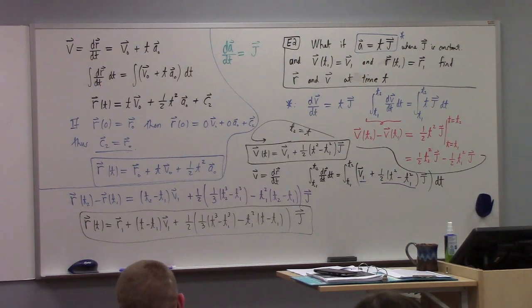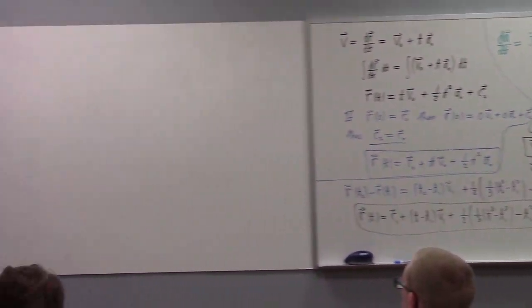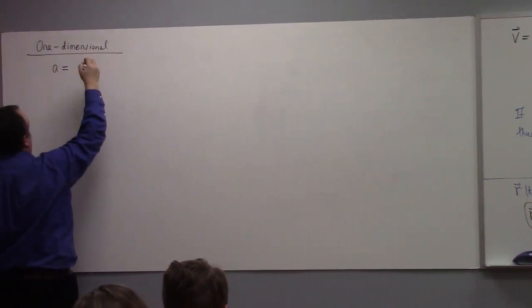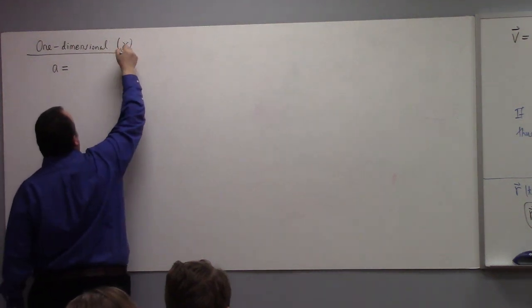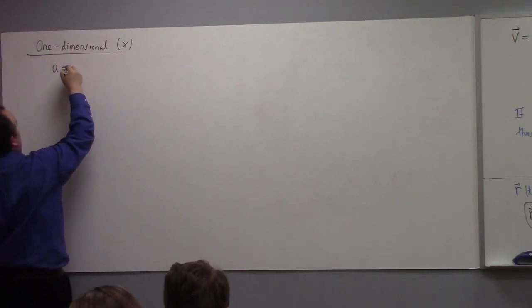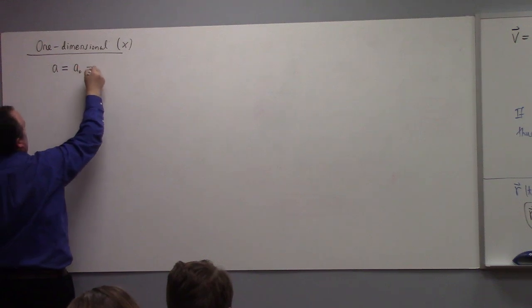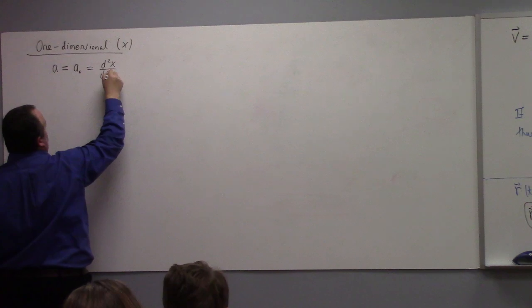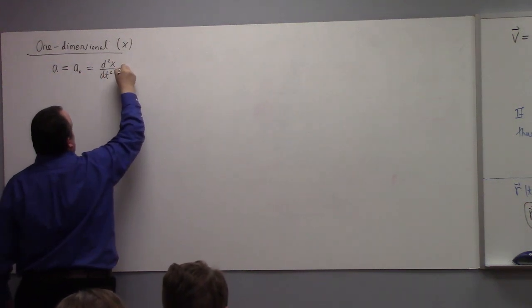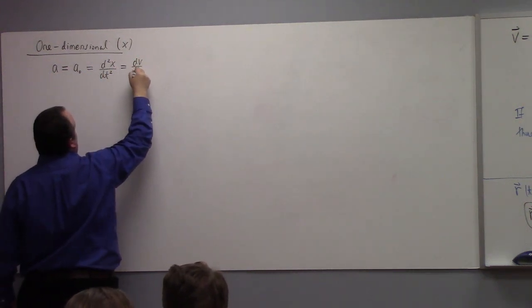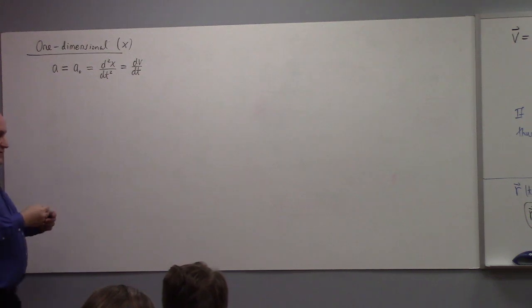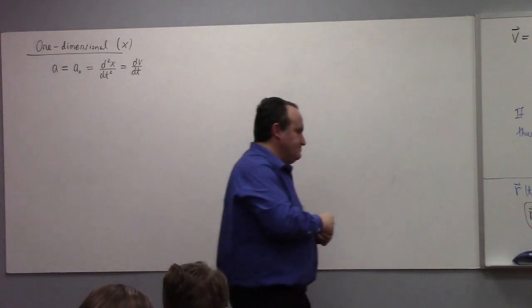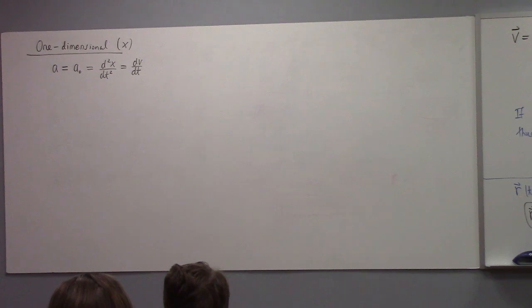So there, if we have acceleration, let's use x in the x direction, if a is equal to a naught, which is equal to d squared x dt squared, and that's also equal to dv dt, then going through the same calculus I just went through, what do we find?